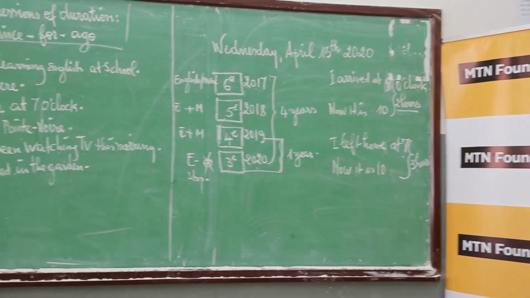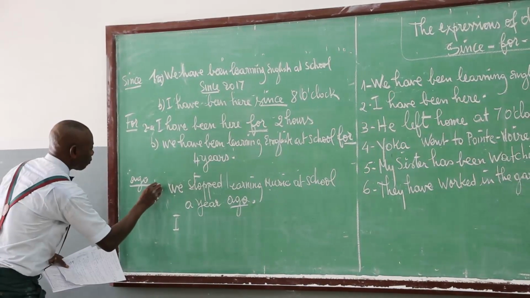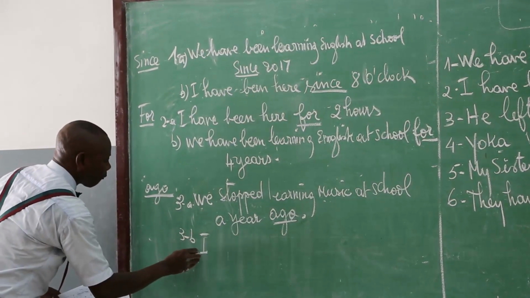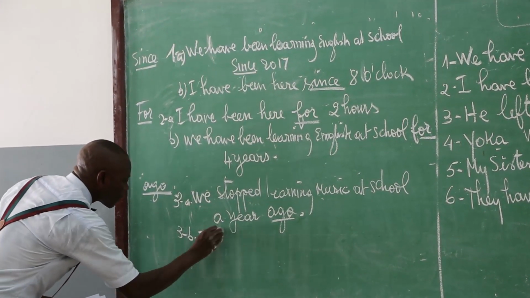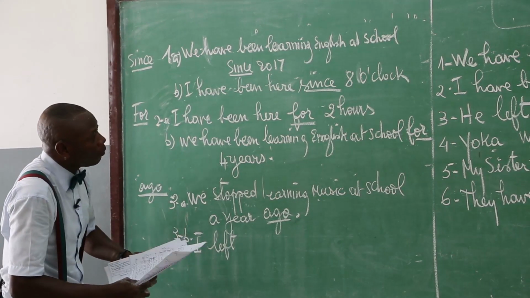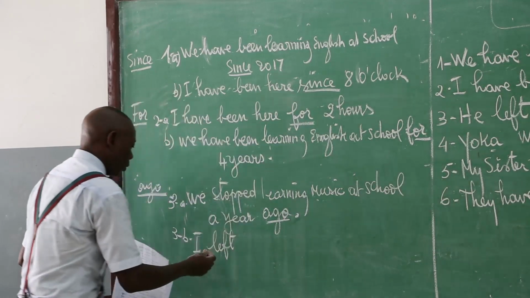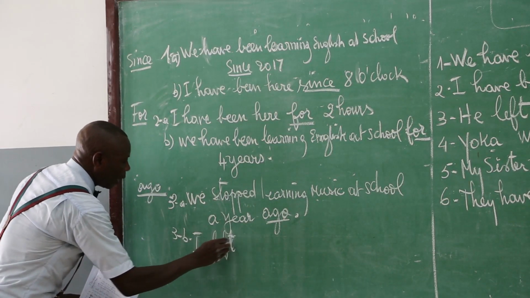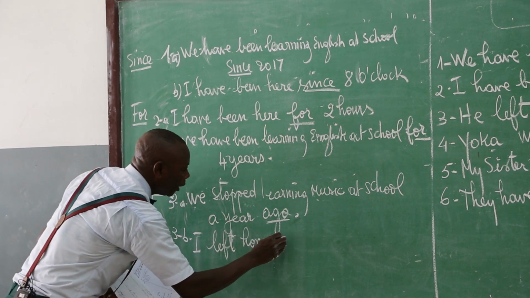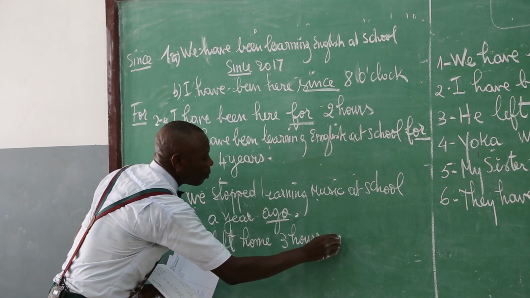I left home. This is the past tense of leave, okay? To leave. I left home 3 hours ago.